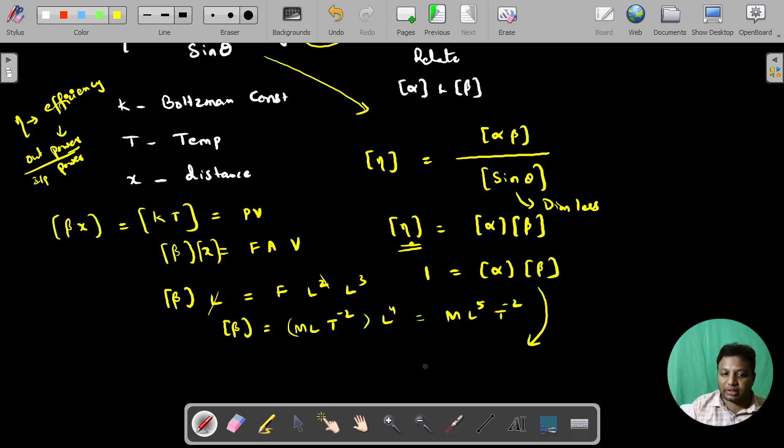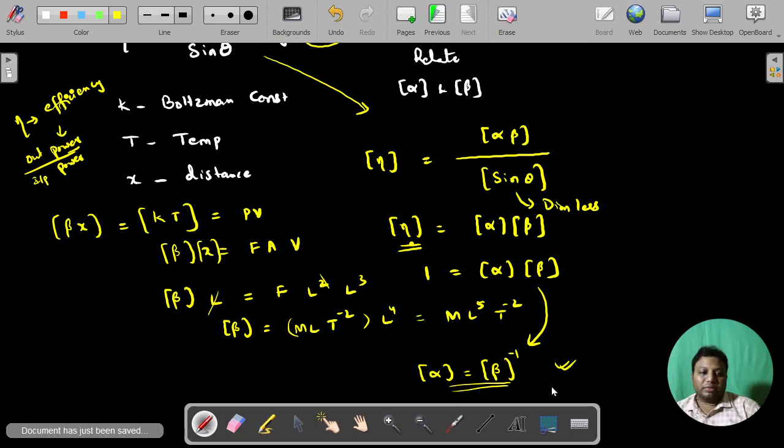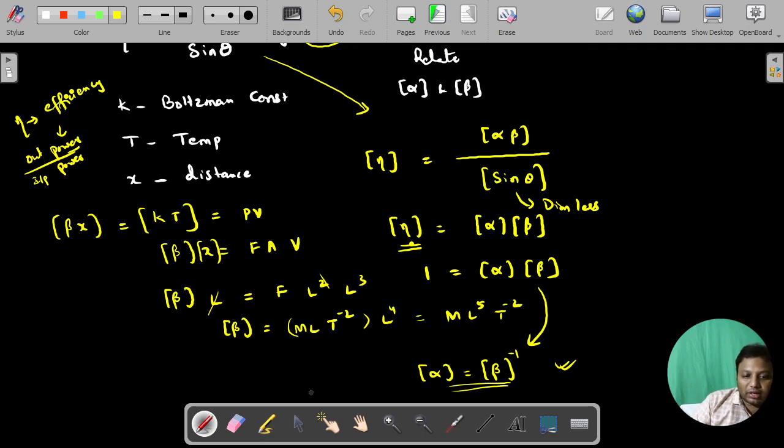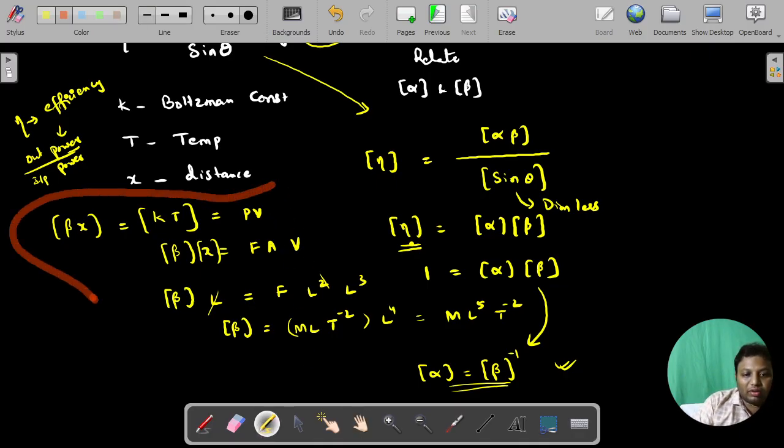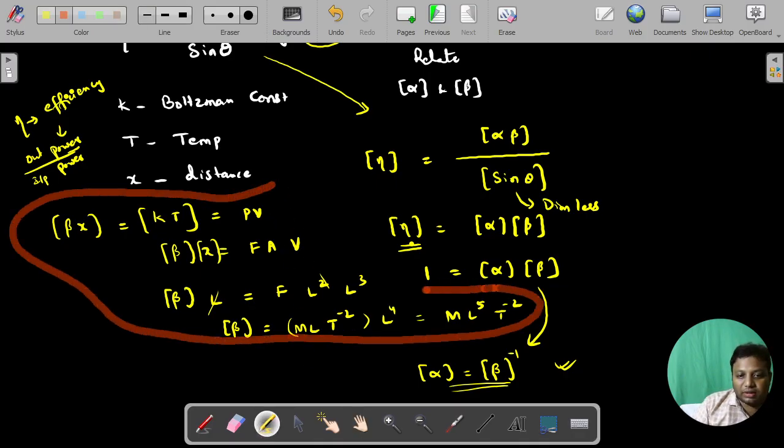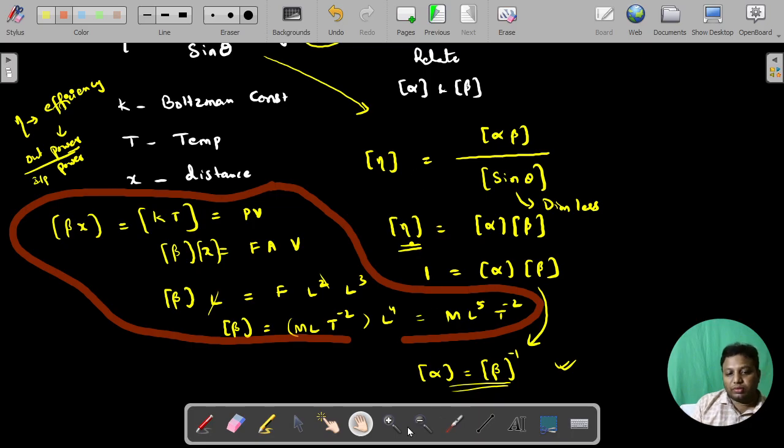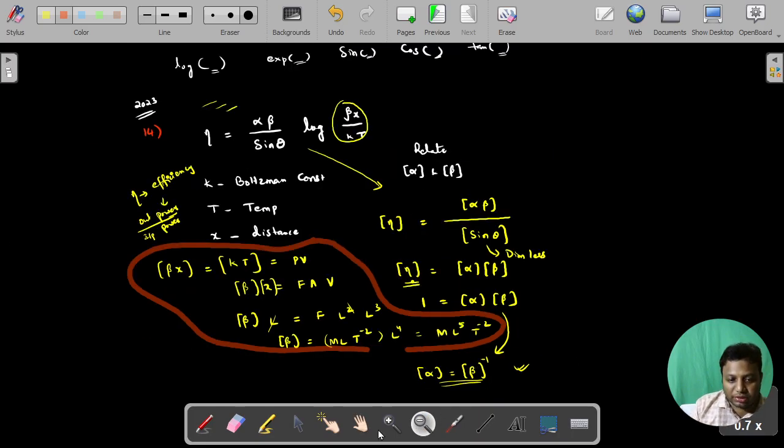Okay, we can write alpha as beta power minus 1. Like this we can write. And this is given as option 4 in the problem. We need not do all of this calculation for answering this particular problem.